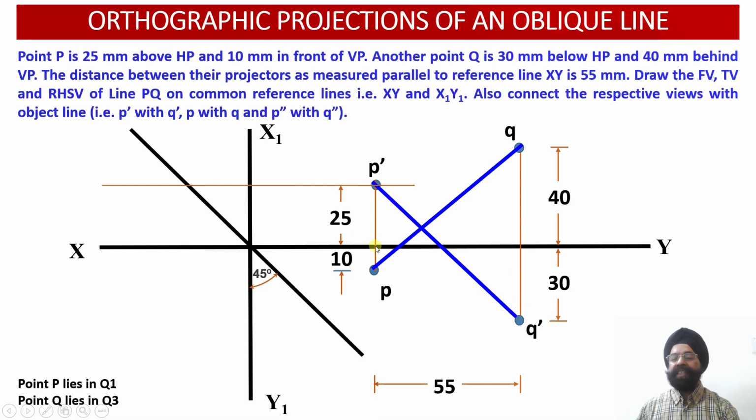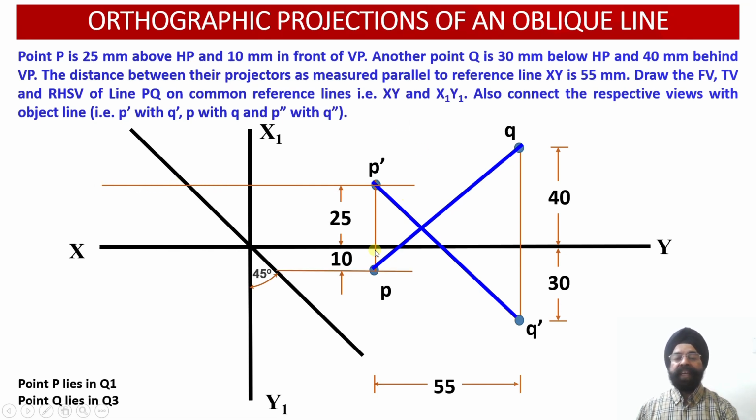Whatever is the height of the point in the front view, the same height of the point P, that is P double dash, will be there even in the side view. So from point P dash, we are going to draw a horizontal projector line at a height of 25 millimeter above the XY reference line.